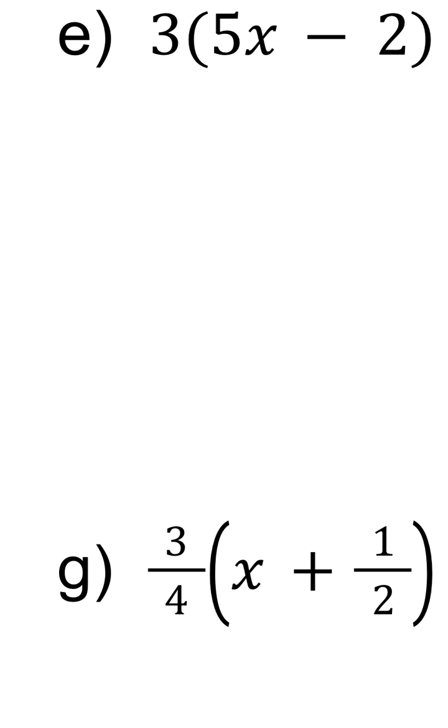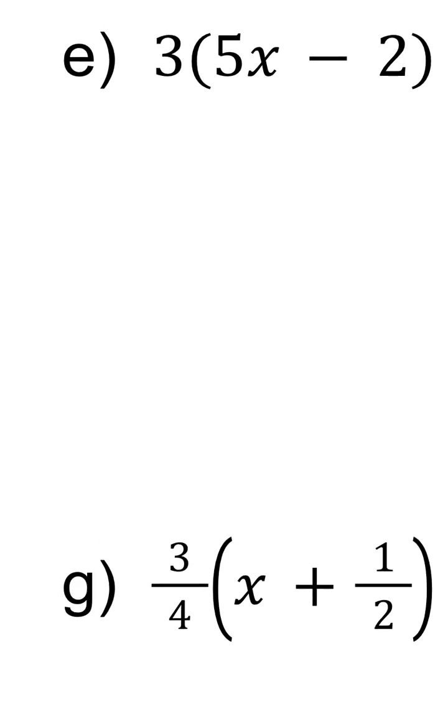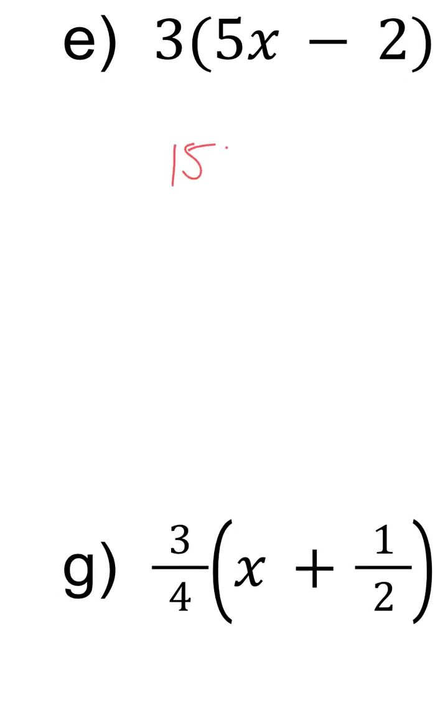Okay, letter E. How are we going to do this one? Yep, distribute that 3, and what do we end up with? 15x minus 6. And we have that plus 10 and 6.